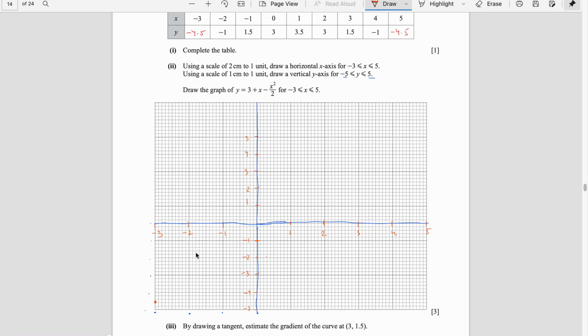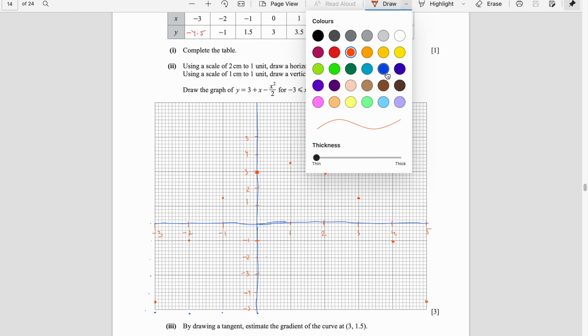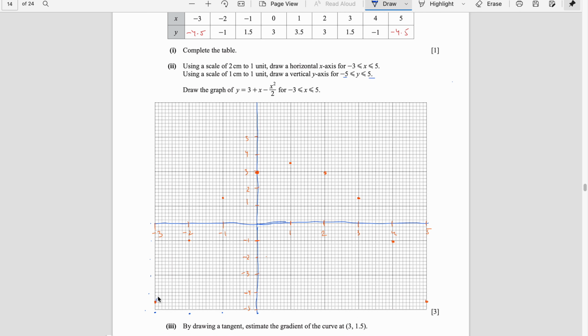Minus 2, minus 1, minus 1 and 1.5, 0 and 3, 1 and 3.5, 2 and 3, 3 and 1.5, 4 and minus 1, 5 and minus 4.5. And now we draw the sketch, the curve.